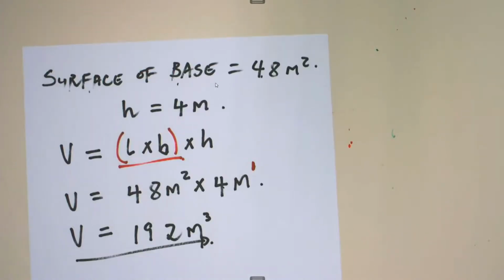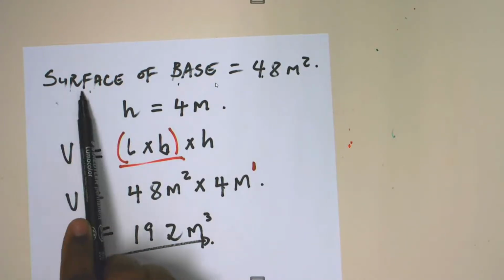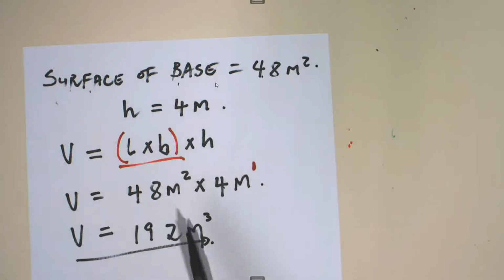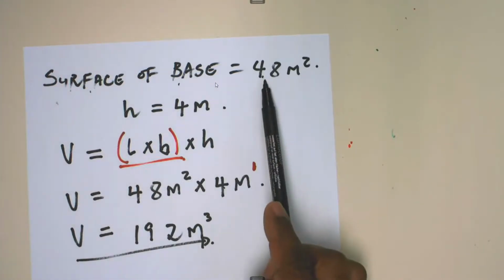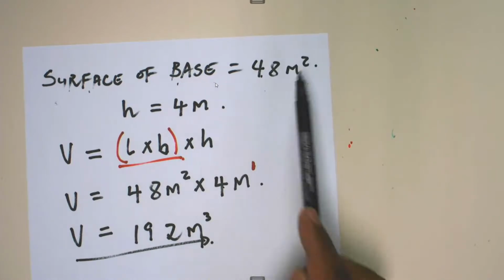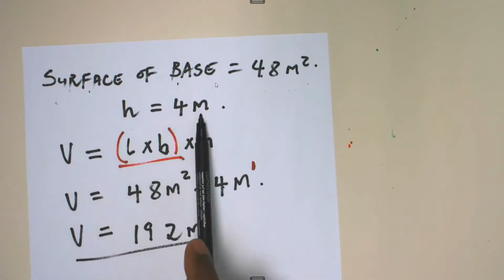So here, where was the catch? It was here. The question already states that the surface of the base is given or has already been calculated for us. It's 48 square meters. And the height of that particular rectangular prism is given as 4 meters.